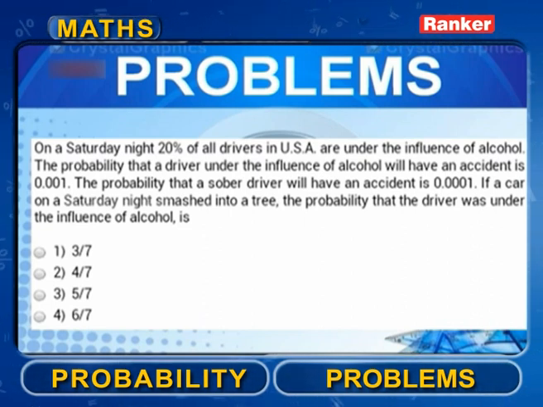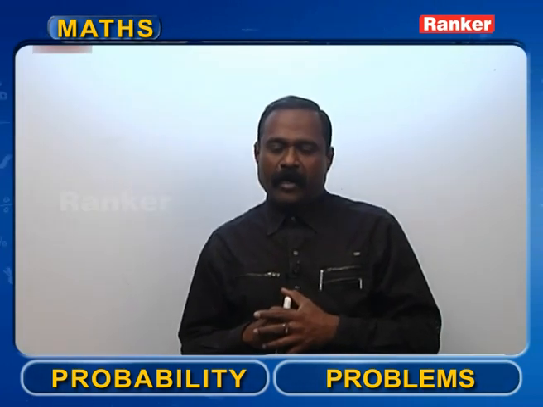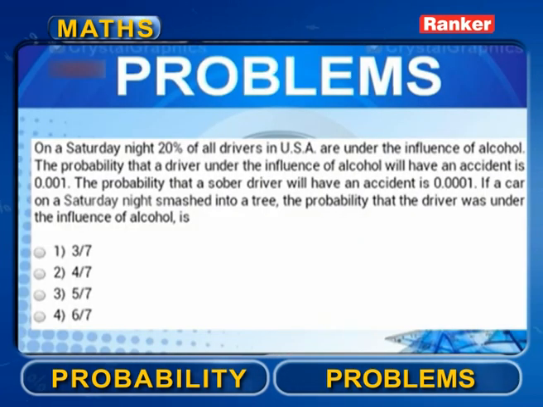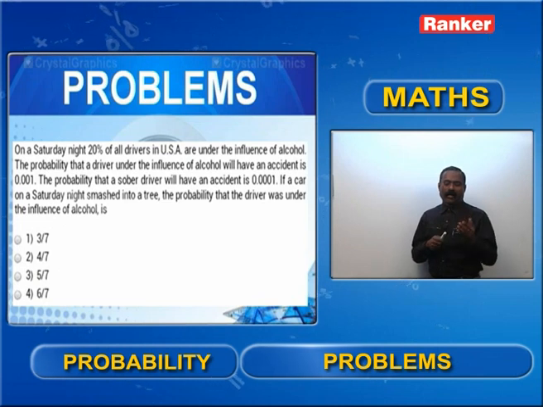So the data given is that 20% of drivers in USA are under the influence of alcohol on a particular Saturday night. Next, the probability that a driver under the influence of alcohol will have an accident is given to be 0.001.